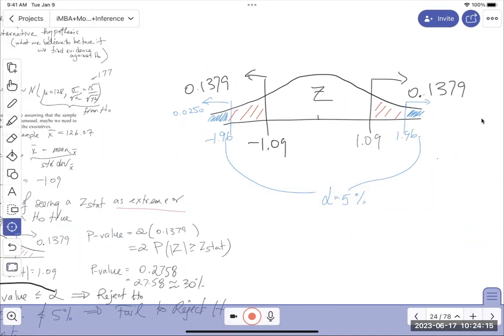In other words, you have 95% in the middle. So the level of significance and the level of confidence, they're complements of each other, okay?